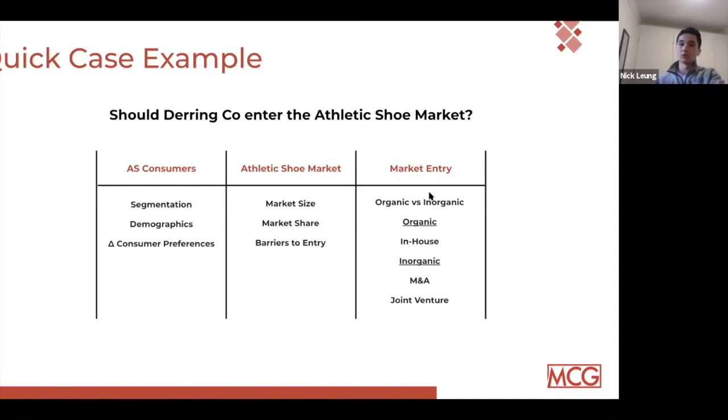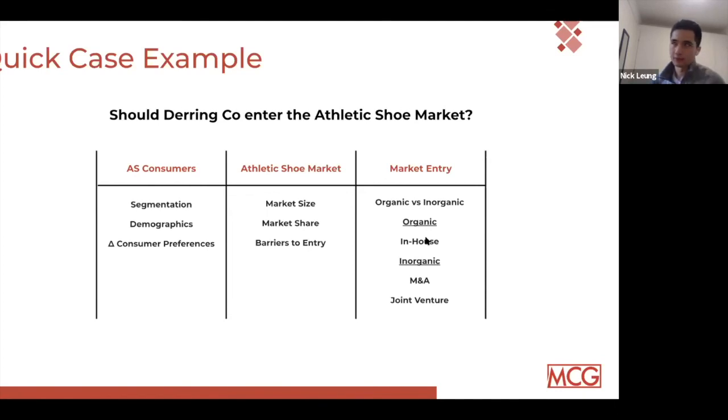There are 2 ways that a company can enter a market. They can do this through organic growth, or through inorganic growth. What do these terms mean? Organic growth means that you enter the market using your in-house capabilities.